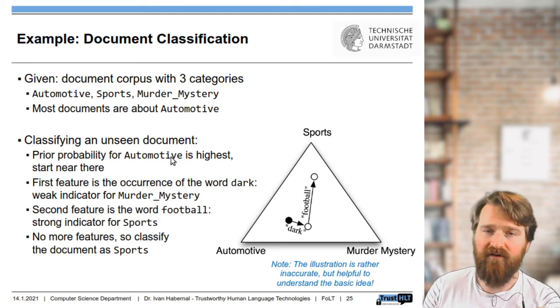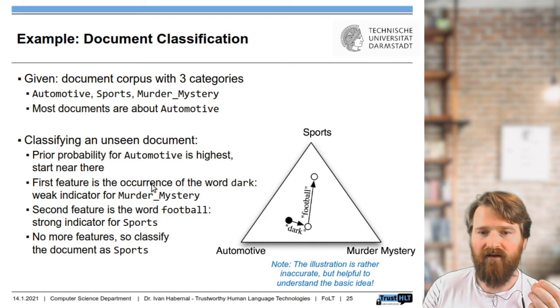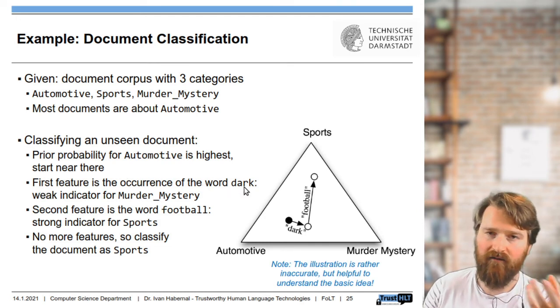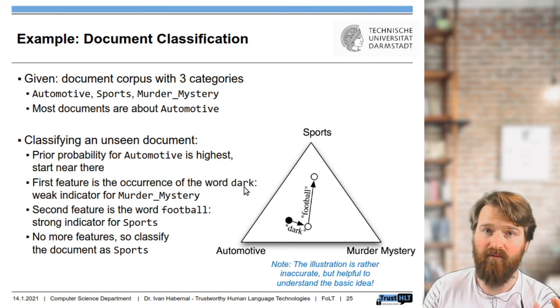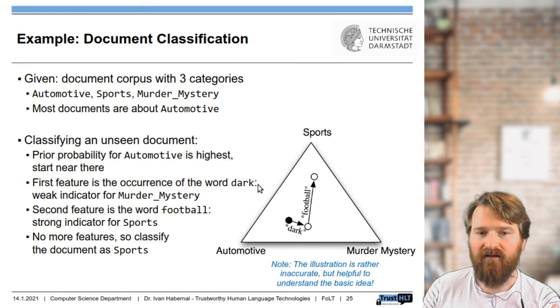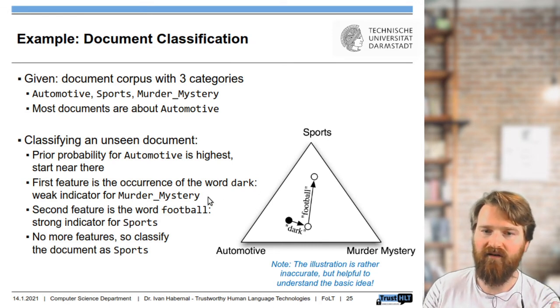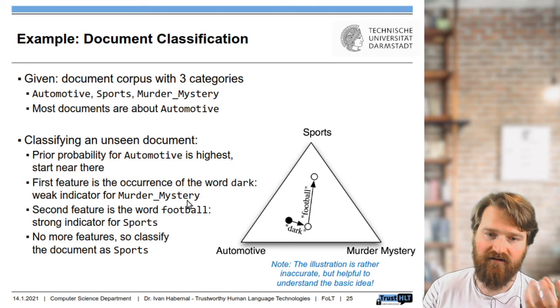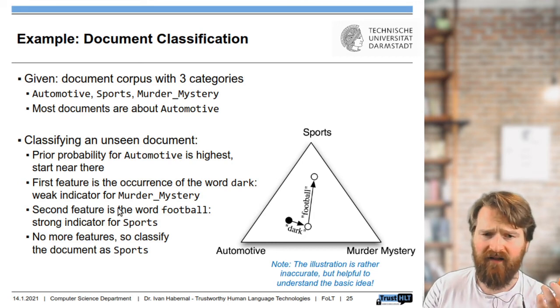But then we look into the features to collect the likelihood. So what is there in the data? The first feature is the word dark. Here the words are the features. Occurrences of a word are a feature. The word dark is an indicator for murder mystery, so the conditional probability of dark given murder mystery is somehow higher than for the other classes.